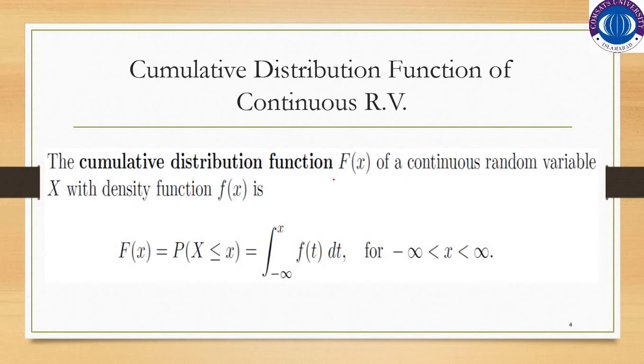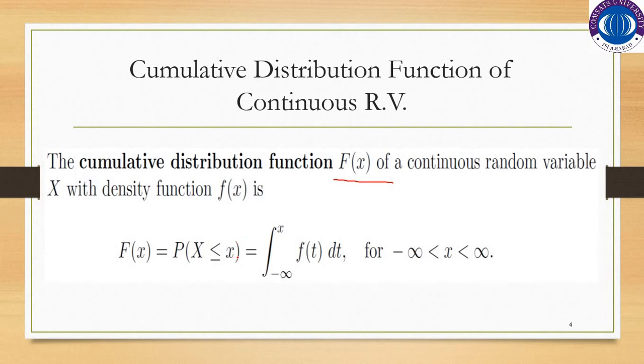We usually denote the cumulative distribution function with capital F of x of a continuous random variable capital X with density function f of x. So basically the probability density function, you can say p of x. Capital F of x is equal to probability X less than or equal to small x.